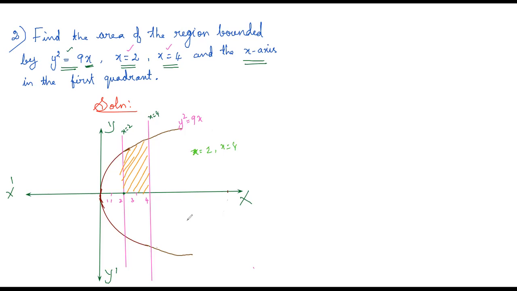And the given equation is y square is equal to 9x. So you have to find y, because y is equal to 3 root x. So now let us move on with finding the area.